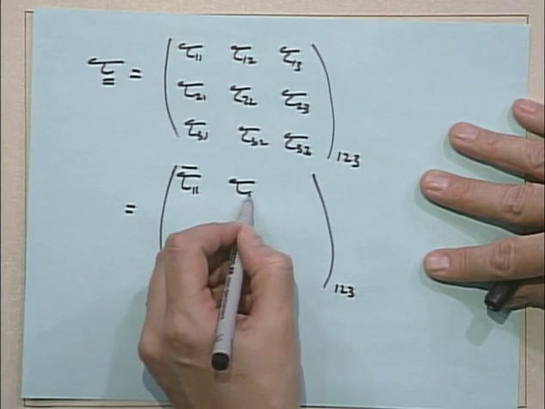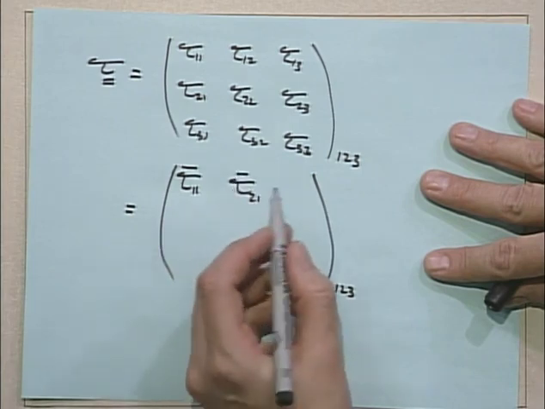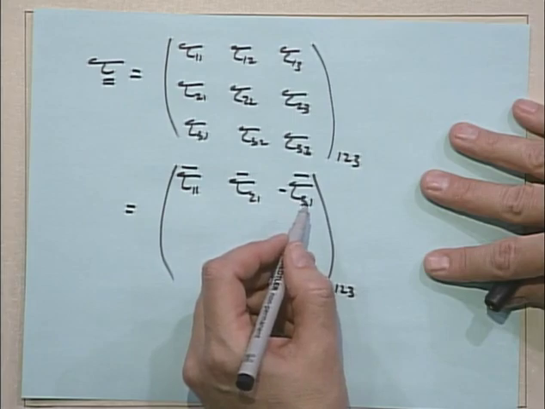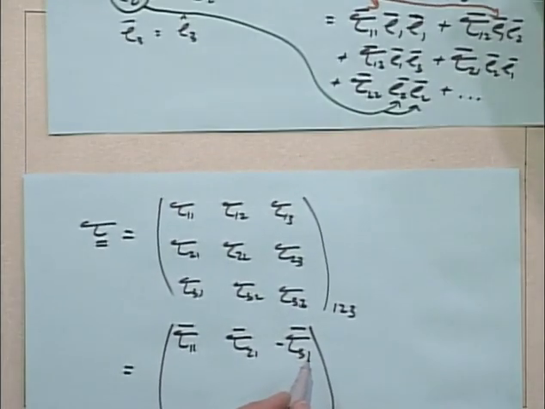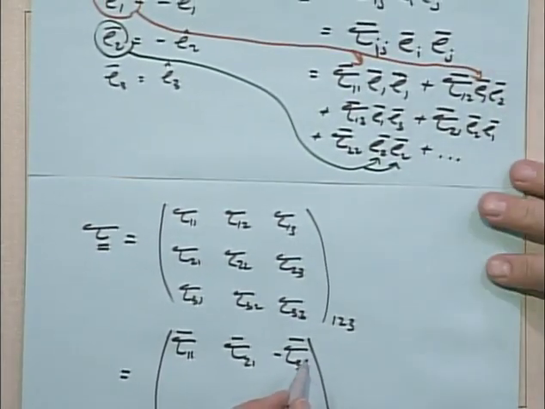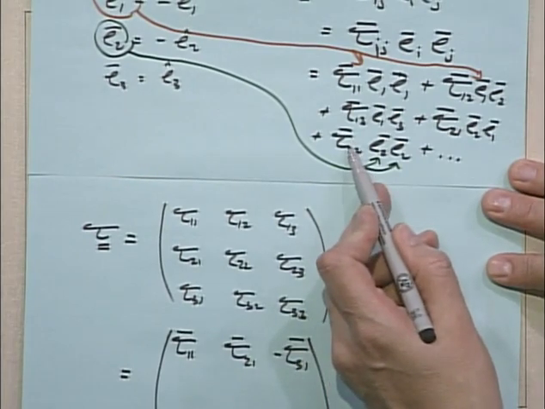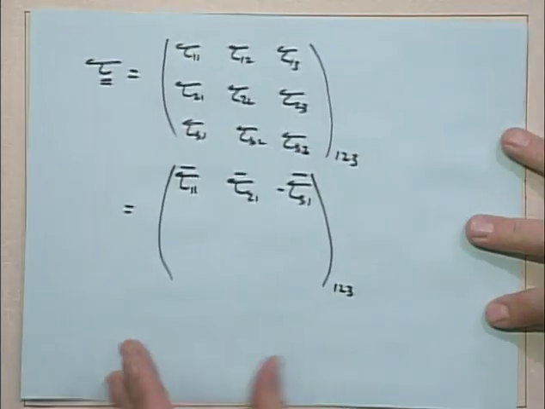And you said 2, 1, no minus sign. But you said 3, 1, there's going to be a minus sign there. Okay? So all I'm doing is collecting these terms. These are the barred ones, the ones with the bars on the top. And I'm putting them in the matrix form because that's just a little bit more organized. And these minus signs are going to appear.